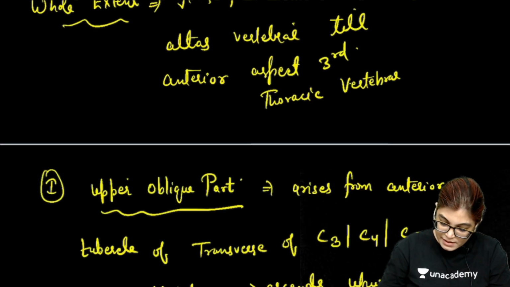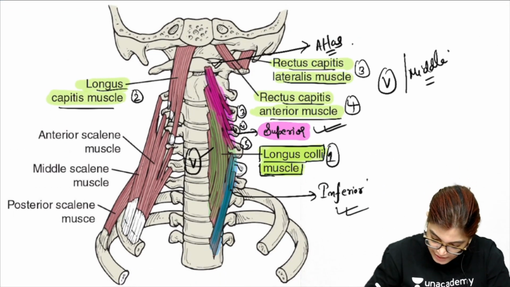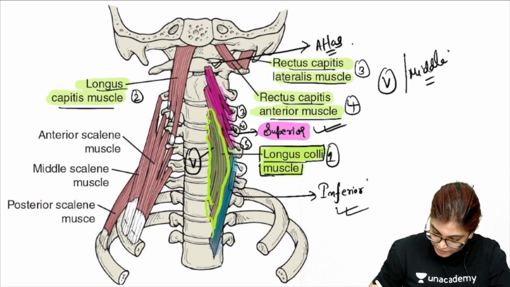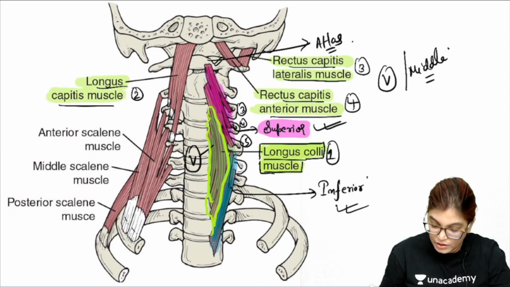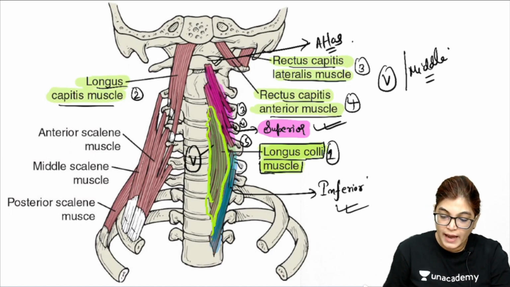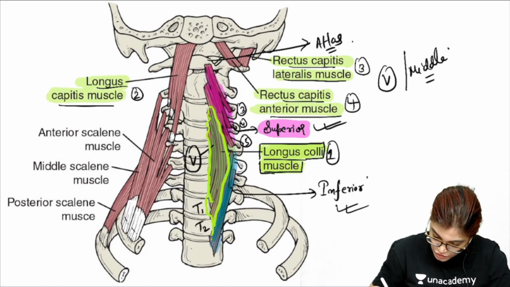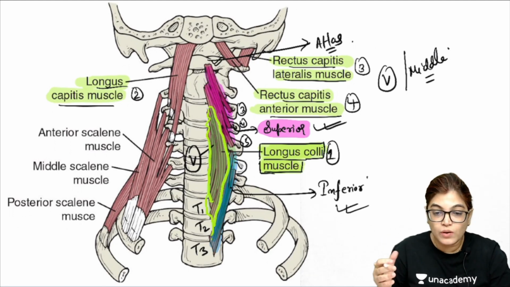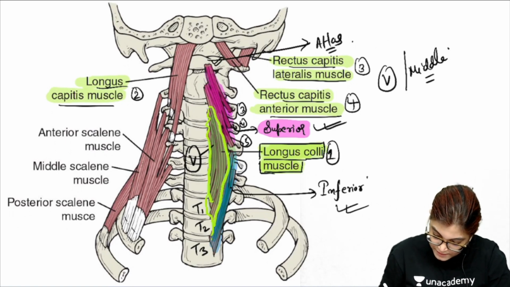Okay, so let's see the second part in the diagram. Can you see the green color highlighted area? This whole area which I am highlighting is the second or vertical part. It starts from the anterior aspect of the upper 3 thoracic vertebrae, T1, T2 and T3, and also gets origin from the lower cervical vertebrae, C7, C6 and C5.